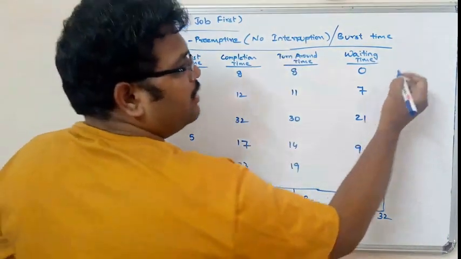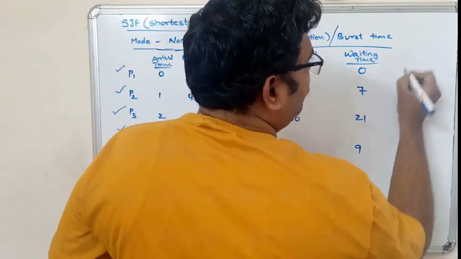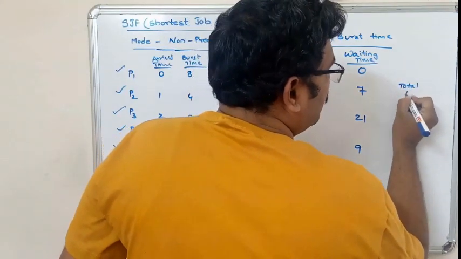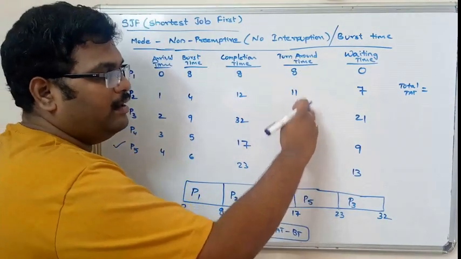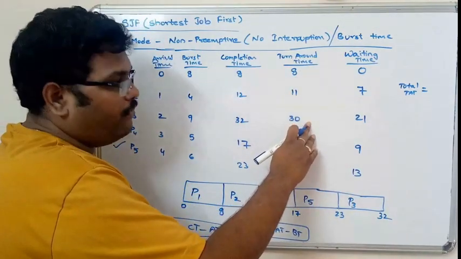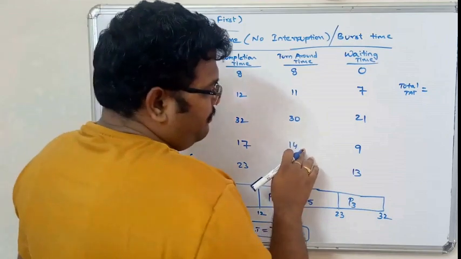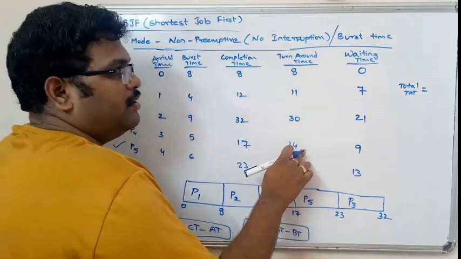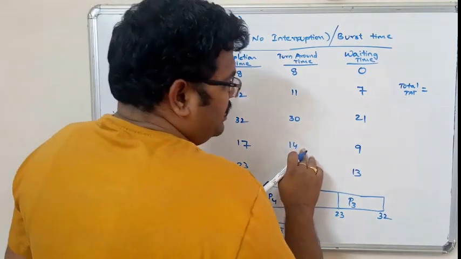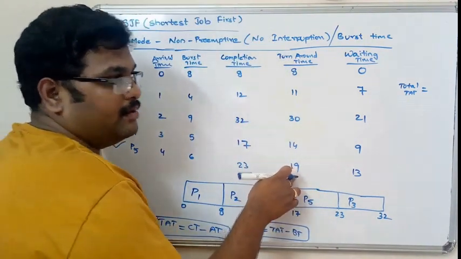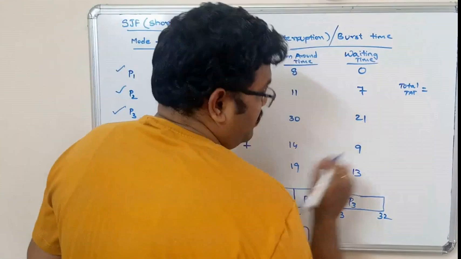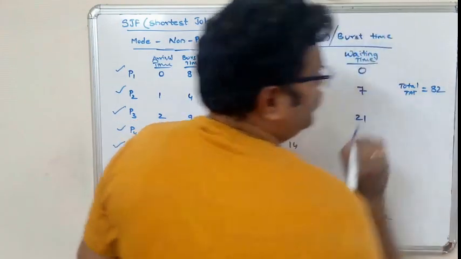After getting this, we can calculate the average turnaround time. Total turnaround time is equal to 8 plus 11, 19, 19 plus 30, 49, 49 plus 14, 63, 63 plus 19, 82.